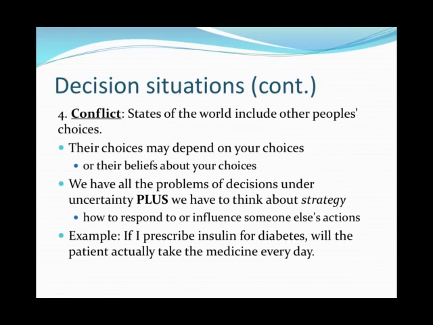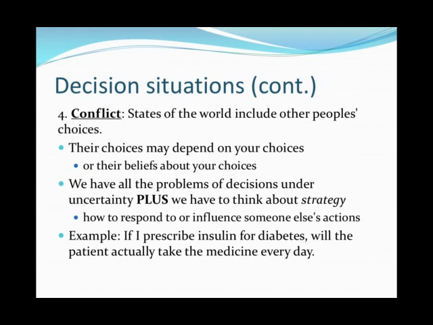if the patient's life expectancy depends not only on the insulin, but on her taking the insulin, then this decision is made under conflict because now I have to start thinking about how do I encourage her or influence her, this patient, to actually take the medicine.